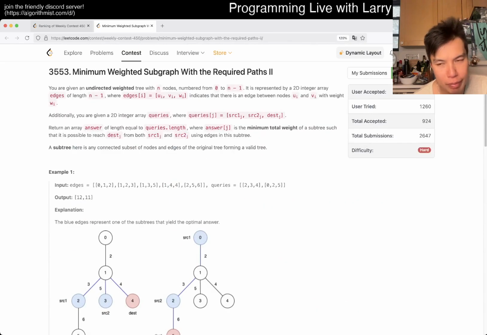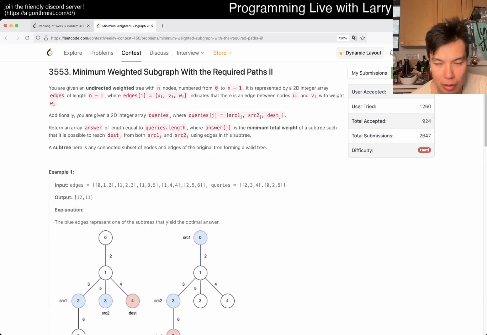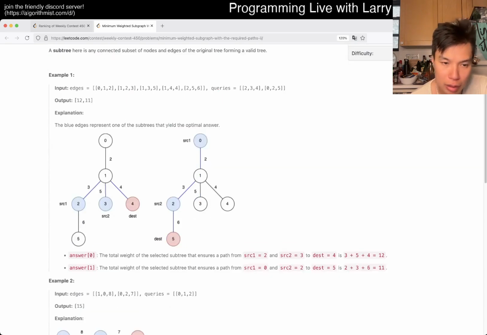0 and 2 to 5, okay. Okay, okay. I mean, binary, whatchamacallit, is it binary lifting? Binary lifting is going to get you the 1 query answer, and 2.